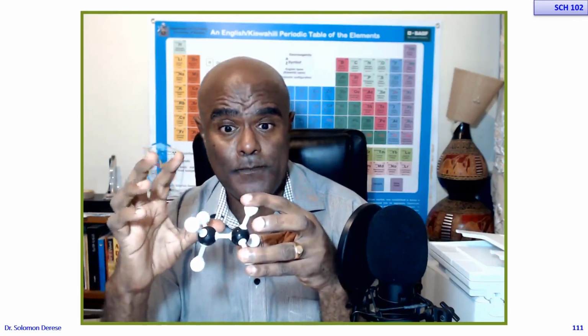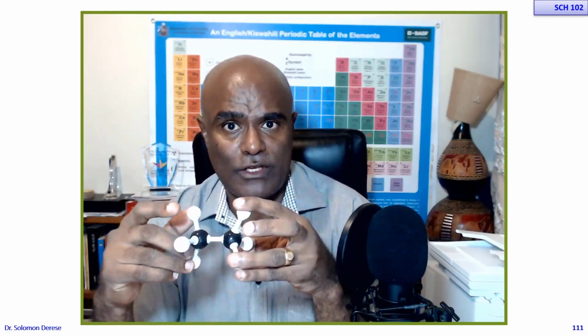The spatial relationship between the hydrogens of this carbon and the hydrogens of this carbon changes as the molecule rotates. Then it will be adopting different conformations, different structures, different conformational isomers.